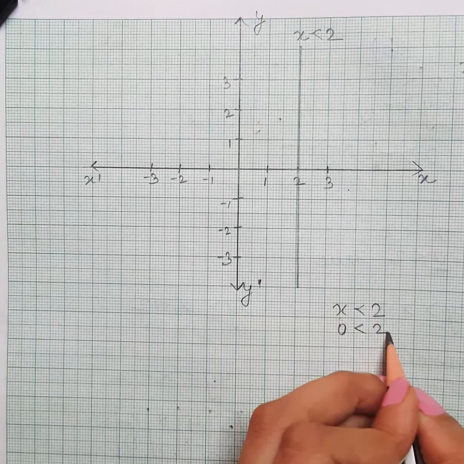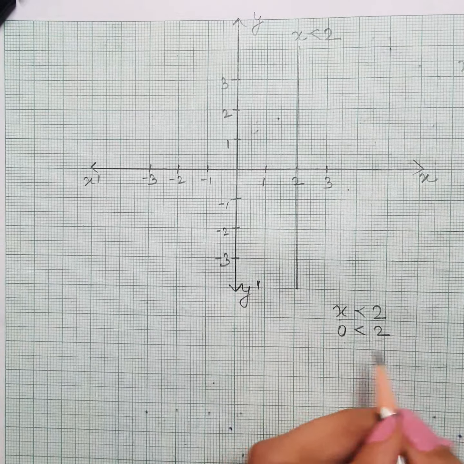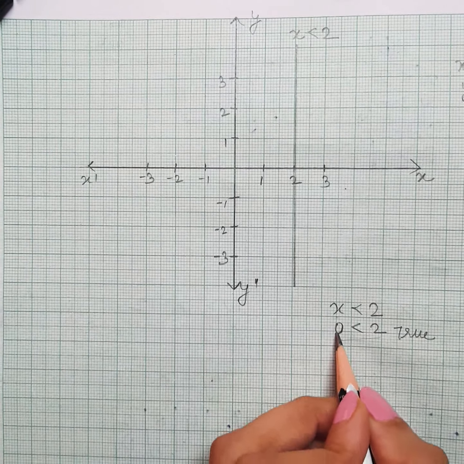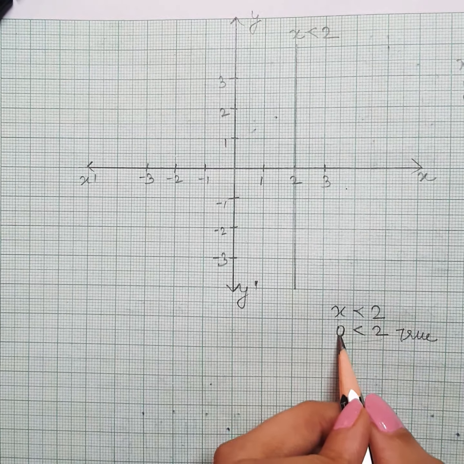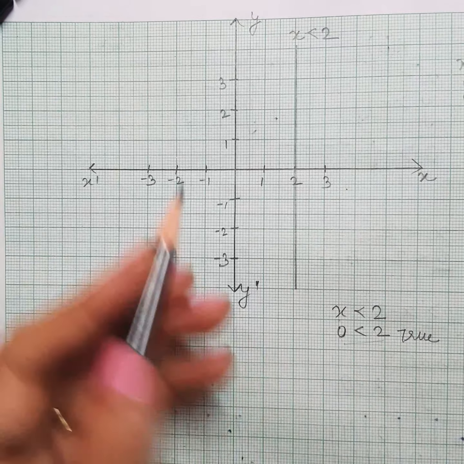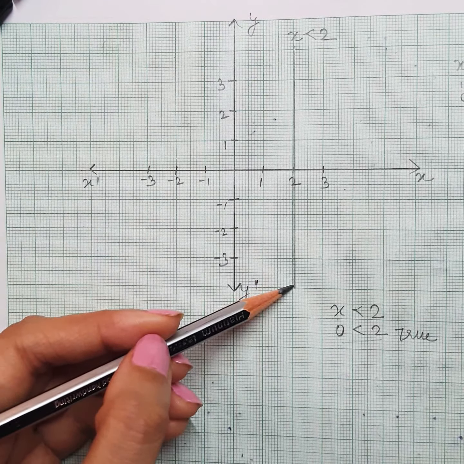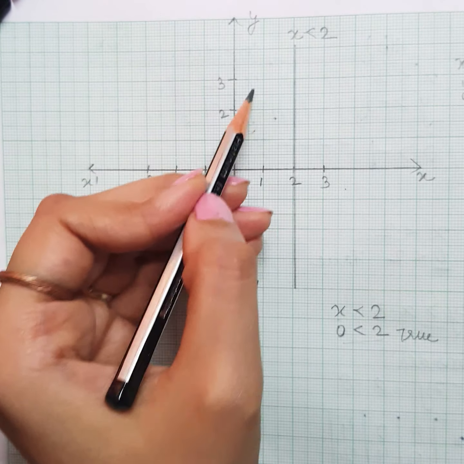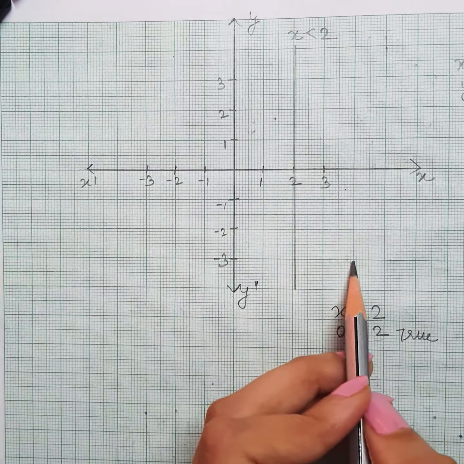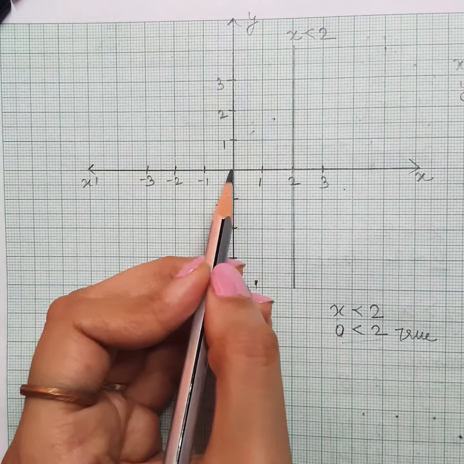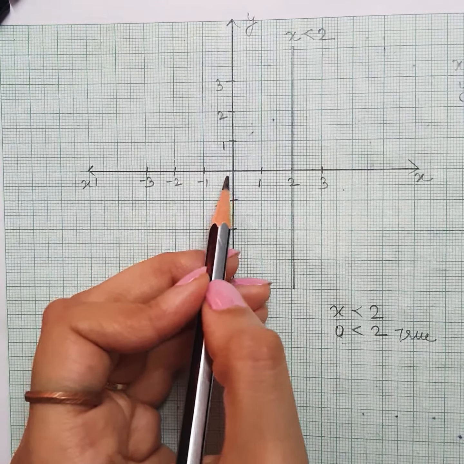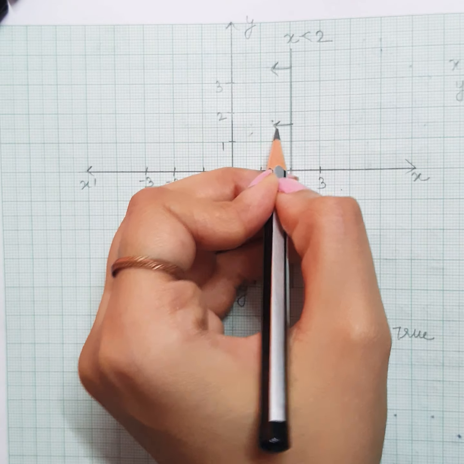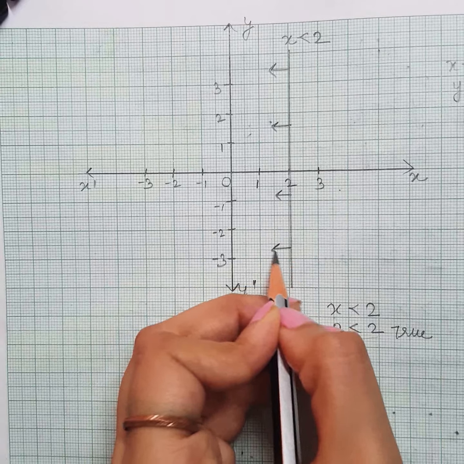While substituting 0, this inequation is true, which means this particular point 0 has to be present in the shaded area. Since this is a straight line, the two areas where it can be are either the left side or the right side. But since 0 is satisfying the inequation and 0 is here, the shade will be on the left. So we will make arrows like this.